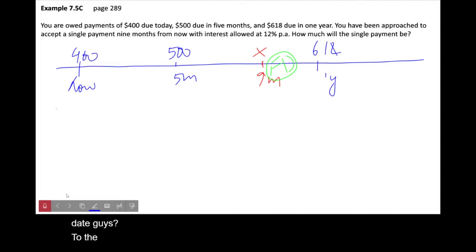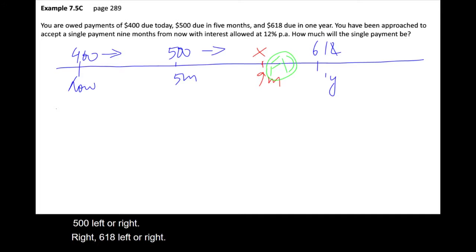To the left or to the right? To the right. 500, left or right? Right. 618, left or right? Left. So time goes from left to right.